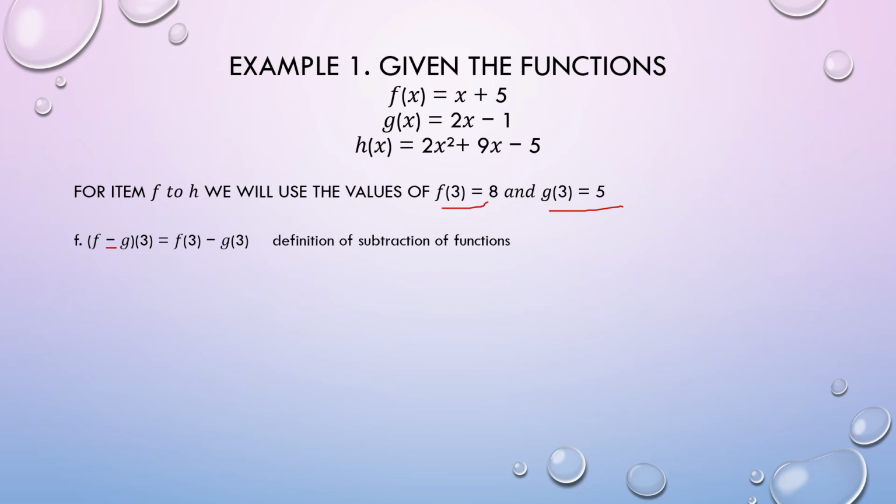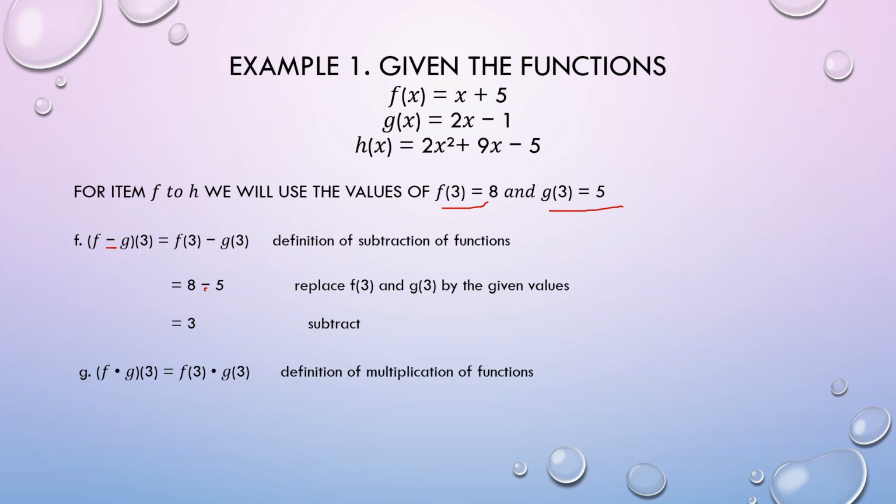As you can see, the symbol is subtraction. So f at 3 minus g of 3, definition of subtraction of functions. Since we know that f at 3 is equal to 8 and g at 3 is equal to 5, we just replace them. So 8 minus 5, we have 3 because this is subtraction. As simple as that.